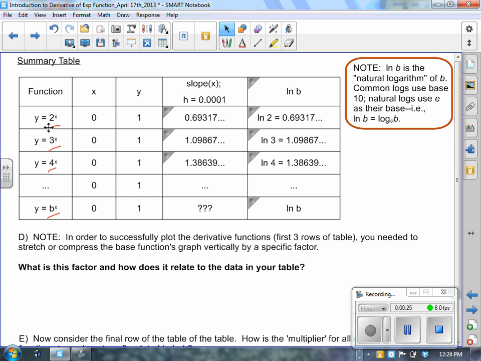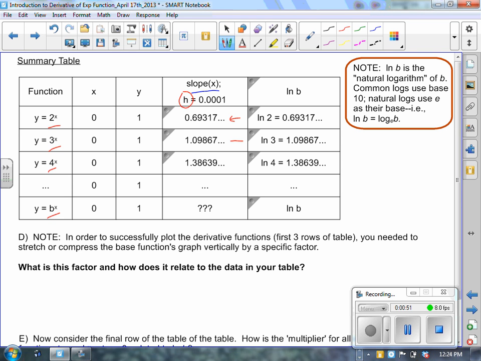And we were able to see the similarity in those values when compared to the slope at x function, where we were taking the difference quotient, substituting in the value for h, and then determining the slopes of the secants at x equals 0.